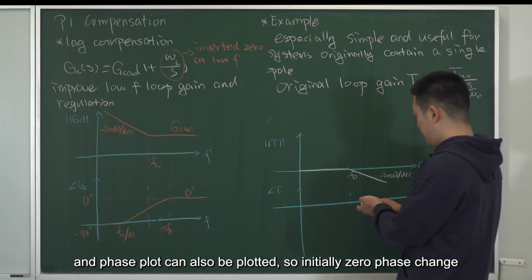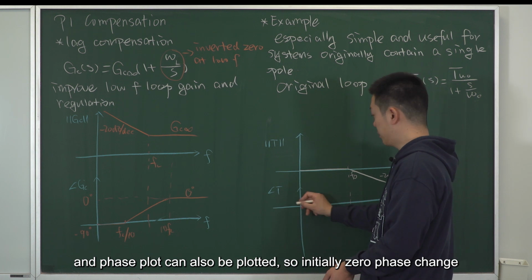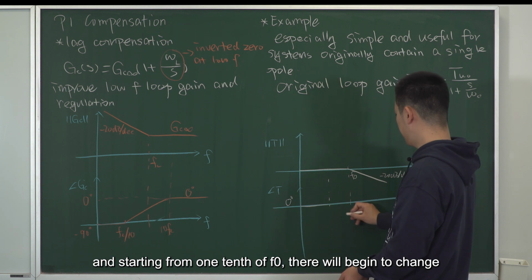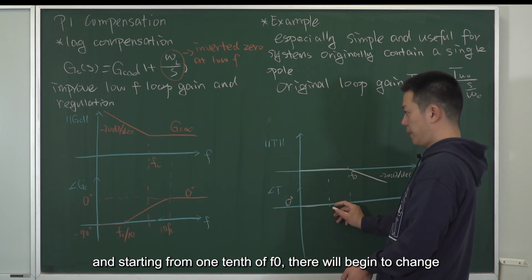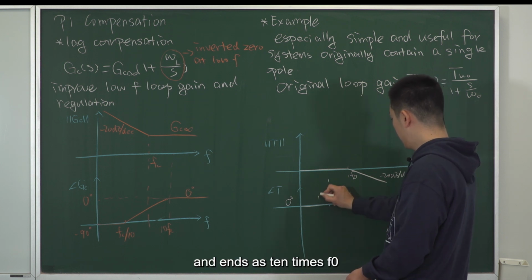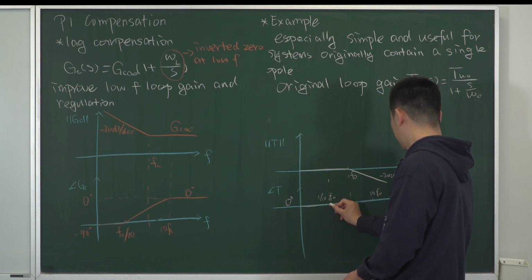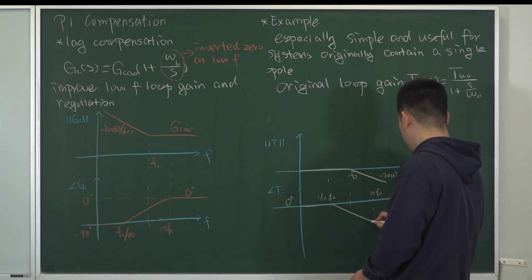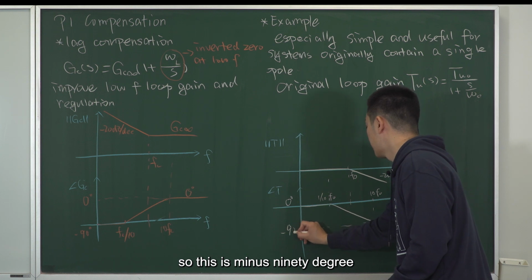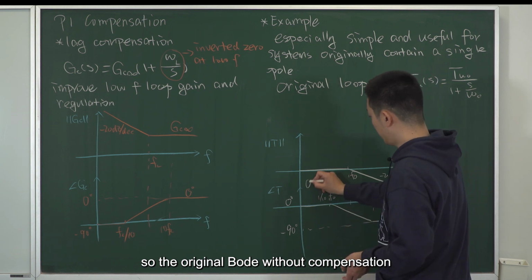Initially, 0 degree phase change. Starting from 1/10 of F0, it begins to change, and ends at 10 times F0 at minus 90 degree.